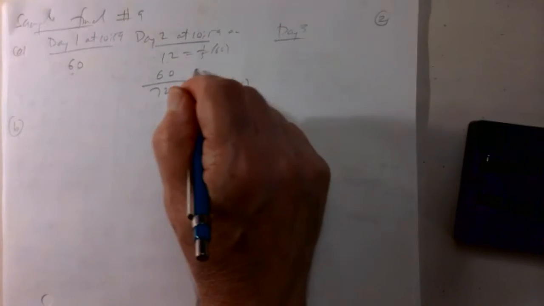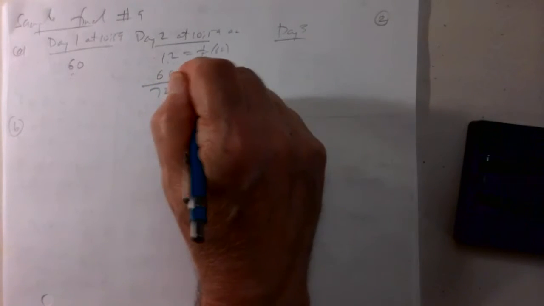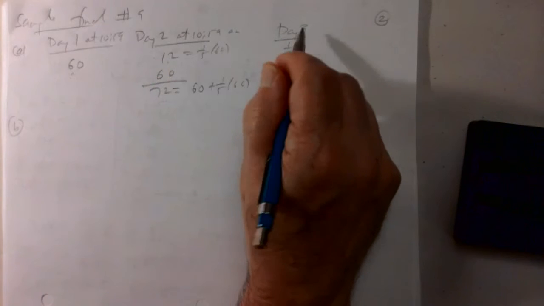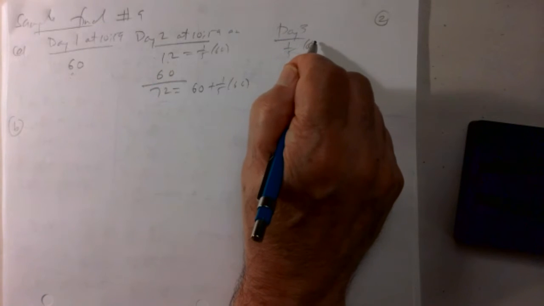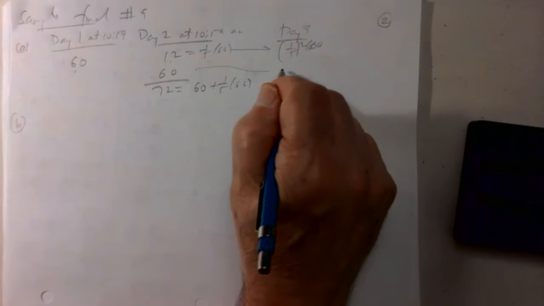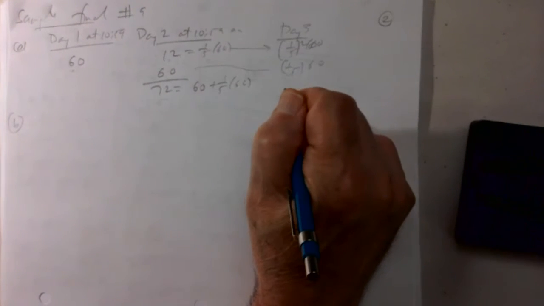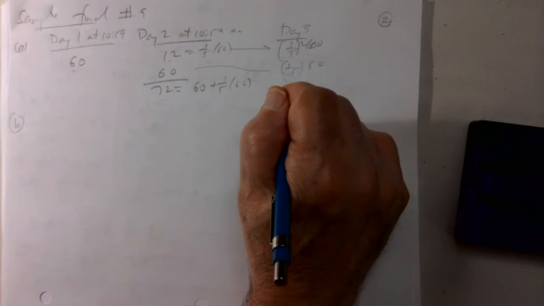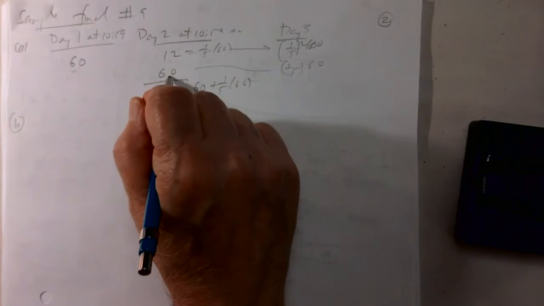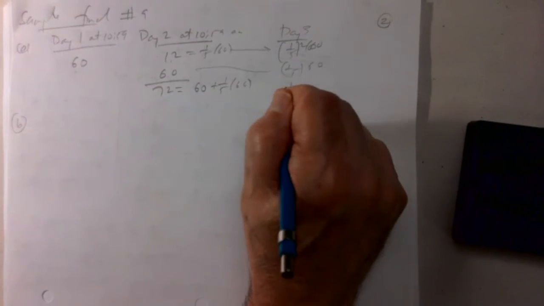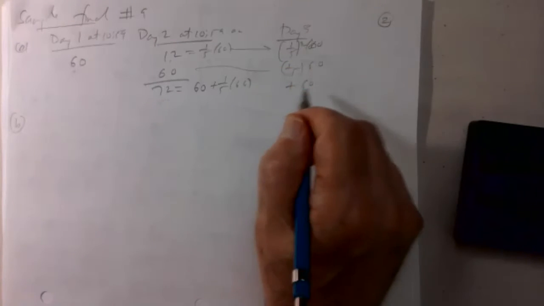On day 3, we would have 1/5 of this amount. So that's 1/5 of 1/5 of 60. That's 1/5 squared. We would get 1/5 of this 60, and then we would get the 60 left that we got from the 300 milligrams you give at 11. Another 60 of that is left on day 3.